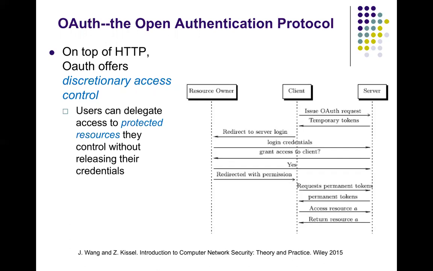And all the communications between the parties involved in this protocol are on top of HTTP, actually on top of SHTTP using SSL. Now let's look at how this protocol is authenticating a client.